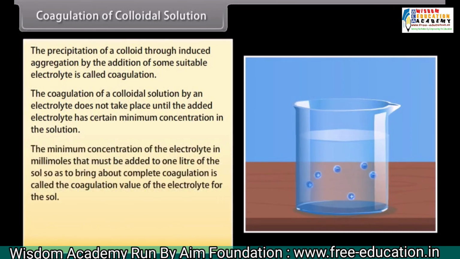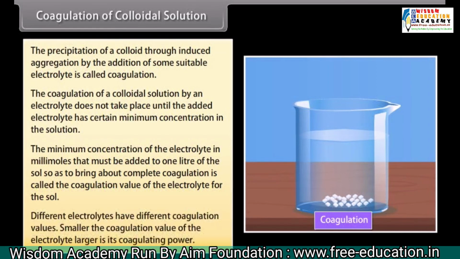The minimum concentration of the electrolyte in millimoles that must be added to 1 liter of the sol so as to bring about complete coagulation is called the coagulation value of the electrolyte for the sol. Different electrolytes have different coagulation values. The smaller the coagulation value of the electrolyte, the larger is its coagulating power.